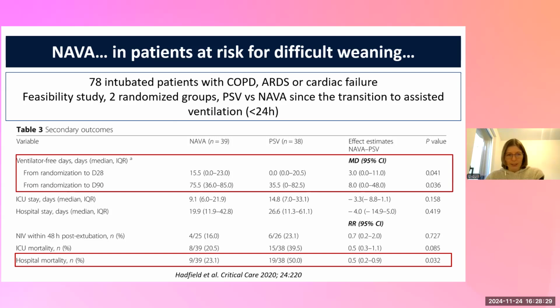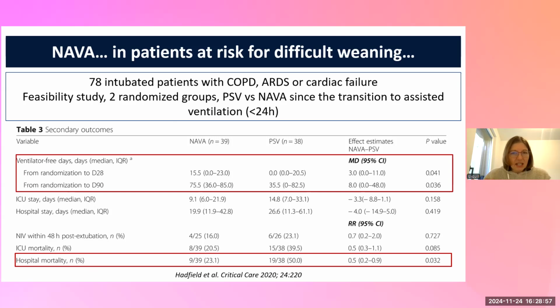And as you can see, as a secondary outcome, the authors assessed the ventilator-free days, and again, the number of ventilator-free days, both at day 28 and at day 90, is much higher in the NAVA group compared to the pressure support ventilation group. And in this small study, again a secondary outcome, we even have a signal on hospital mortality in favor of NAVA.